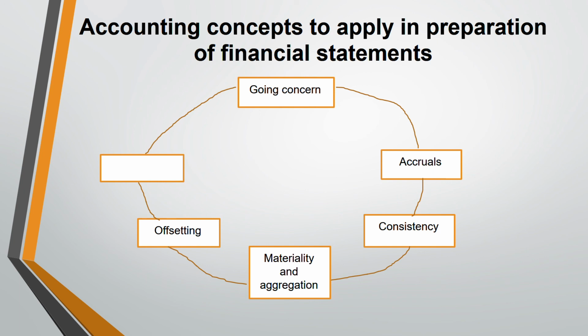Because if you are showing a net result after deducting that liability, then you don't know how much liability is there in that current asset. Do you understand? It's hidden there. So wherever the law allows you, you offset, but most of the time you don't offset. They are presented under separate categories only.